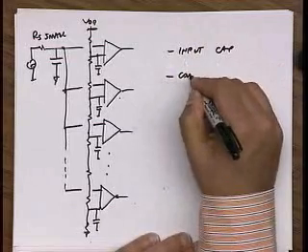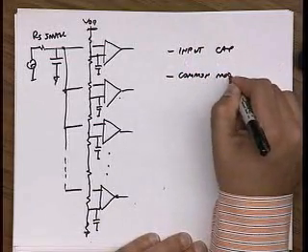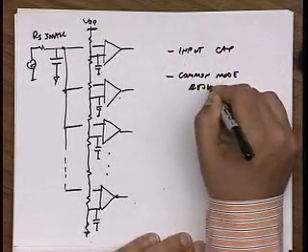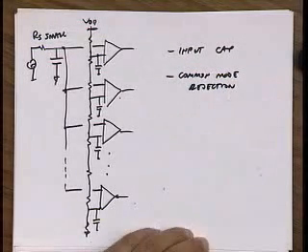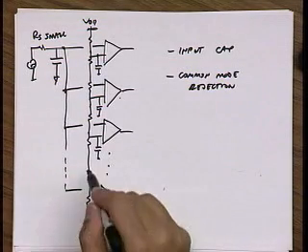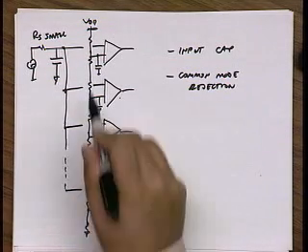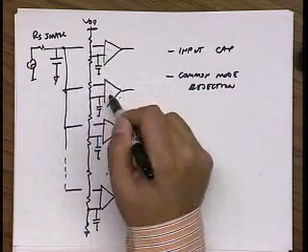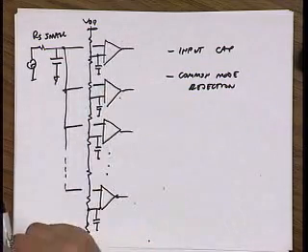I also care about common mode rejection. Why is that? Well, my common mode is varying, right? If I go from the bottom to the top, the common mode input is different for each amplifier.